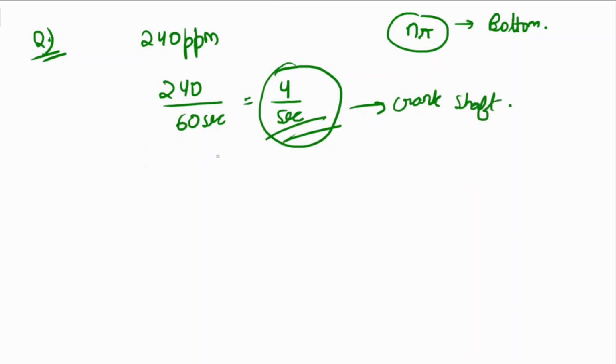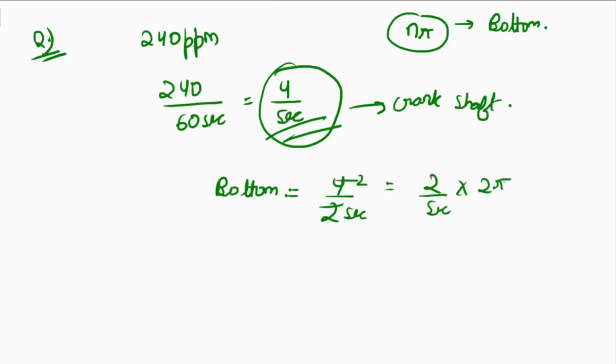The question says the angular velocity of the bottom shaft. So for the bottom shaft it would be 4 by 2, that is 2 per second. And since it is in radian per second, I told you to multiply by 2 pi for conversion into radian. So it is 4 pi radian per second.